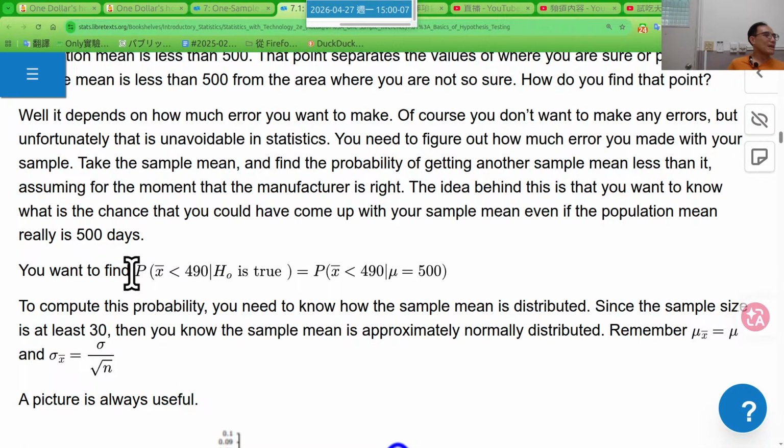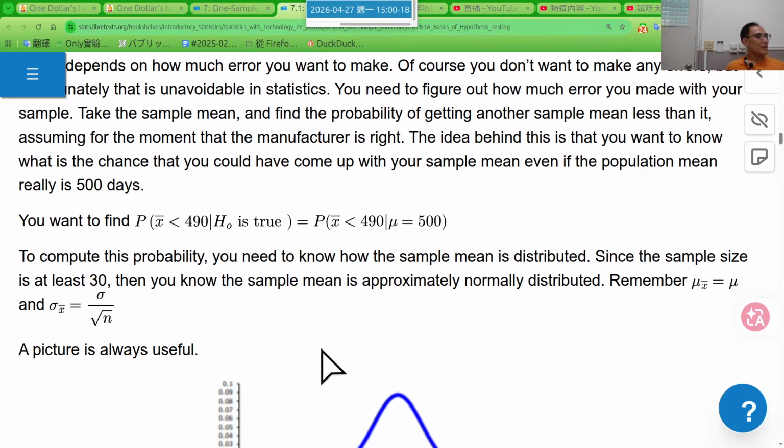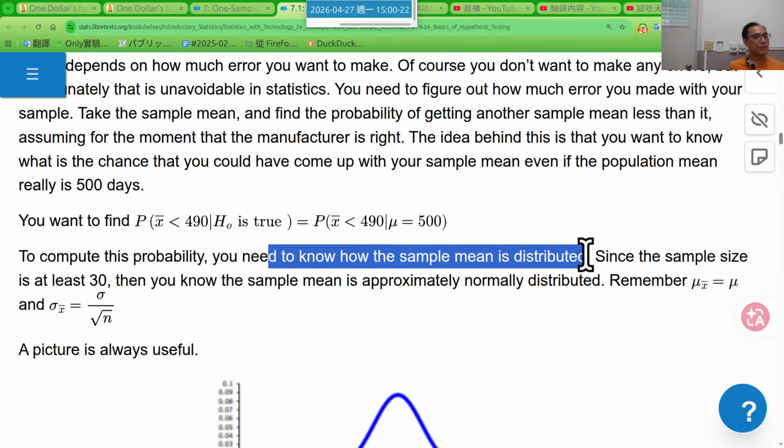And now you want to find the probability here. Probability, the sample mean less than 490, and the null hypothesis is true. To compute this probability, you need to know how the sample mean is distributed.